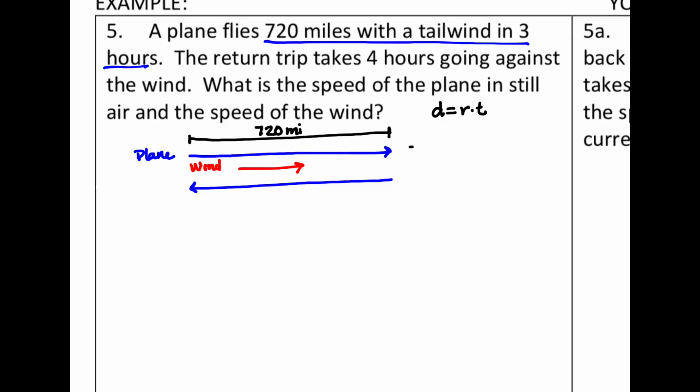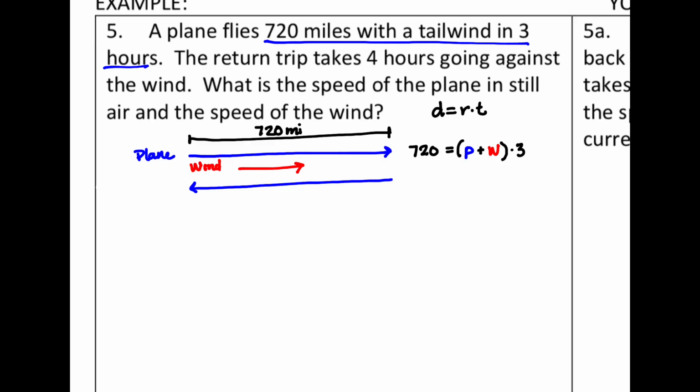The distance is 720 miles, and that's equal to the rate times the time. Okay, the rate in this case is going to be the plane being pushed by the wind. So this is going to be a rate of the plane pushed by, so we're adding it onto the wind. And it took 3 hours. That's the time.